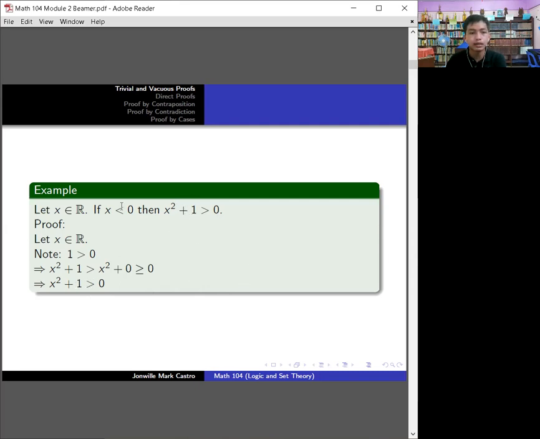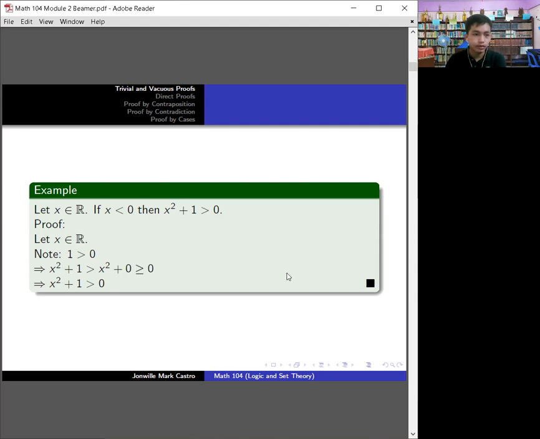So, note that hindi natin ginamit yung if statement natin na si X is less than 0. So, naipakita natin dito na regardless nung kung totoo yung if statement natin, yung then statement natin ay always true siya for all X. Okay?